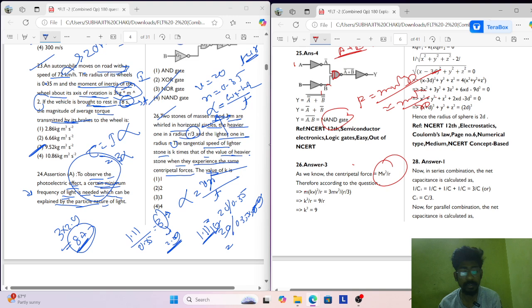So m will cancel out, v square will cancel out, r will cancel out. This 3 will come out, sorry, not cancel out, this will be the reciprocal, 9, right? 9 by k square. So k will be equals to 3 only, no? k will be equals to 3.